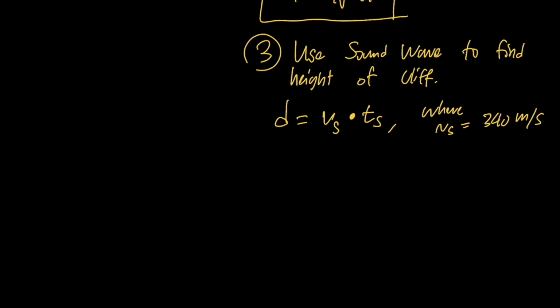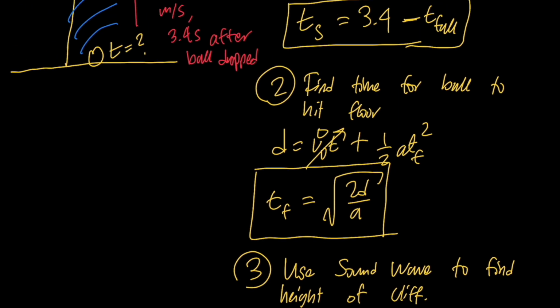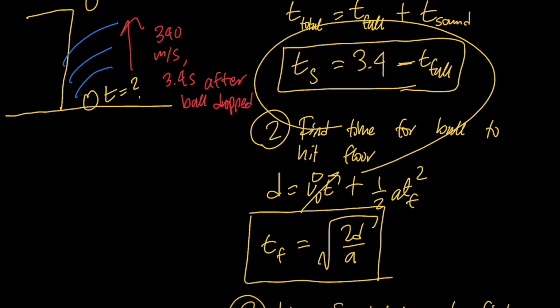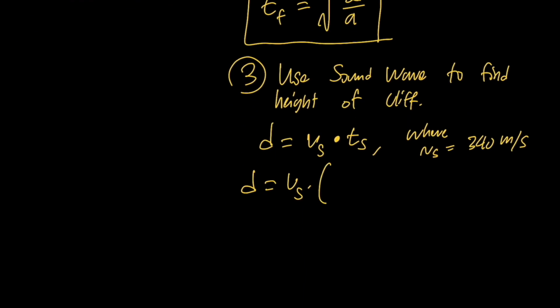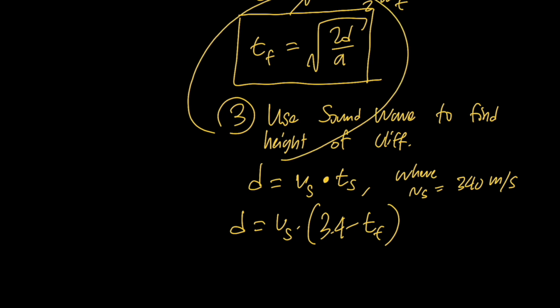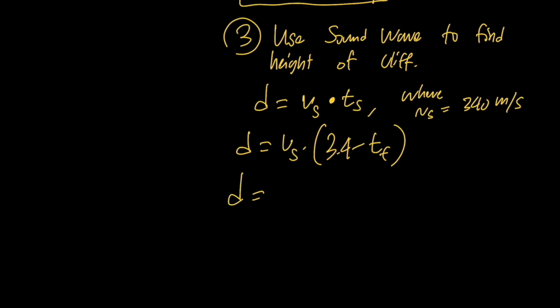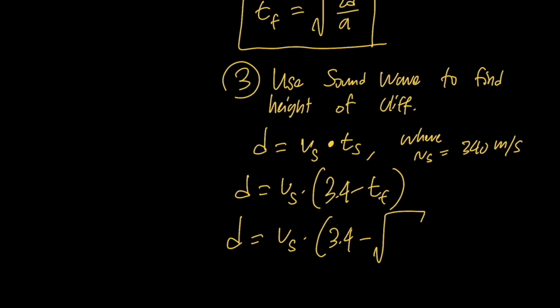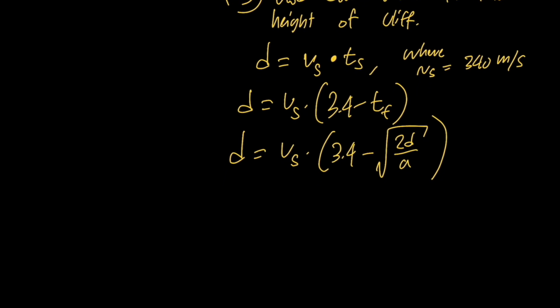So now we can just plug everything in. So d is equal to Vs times Ts, which we previously found was 3.4 minus Tf, and then substituting in what we have for Tf, which is root 2d over a. So this is our final expression for the height of the cliff.